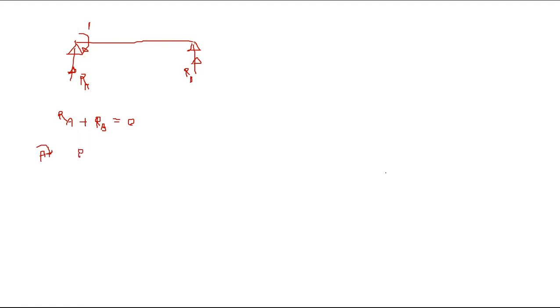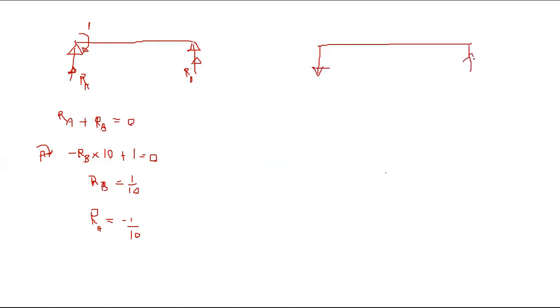So that's going to give you RB into 10, that's anti-clockwise, plus this is a clockwise moment, 1, is equal to 0. So RB is 1 over 10. So RA is negative 1 over 10. So that means it's in downward direction, right? It's like this.